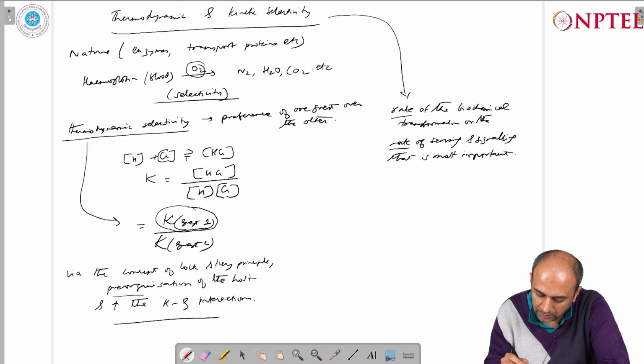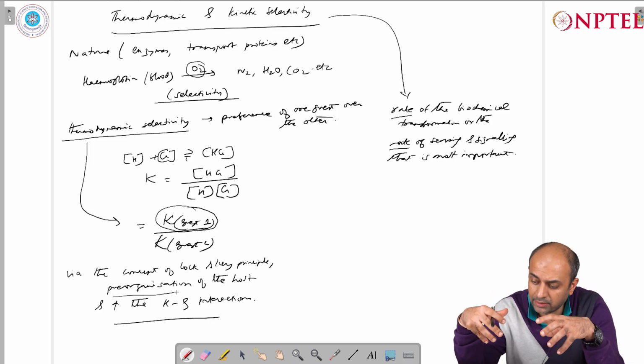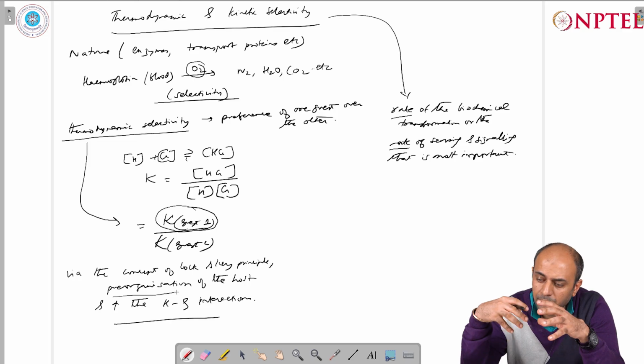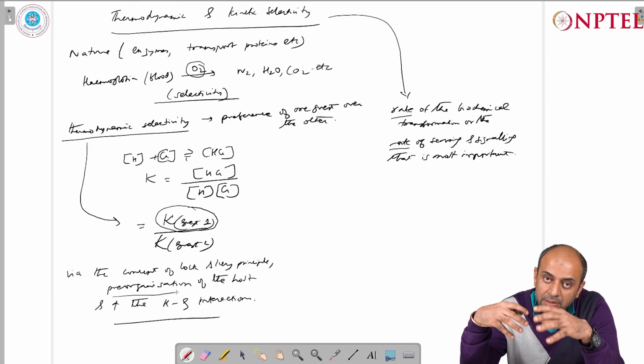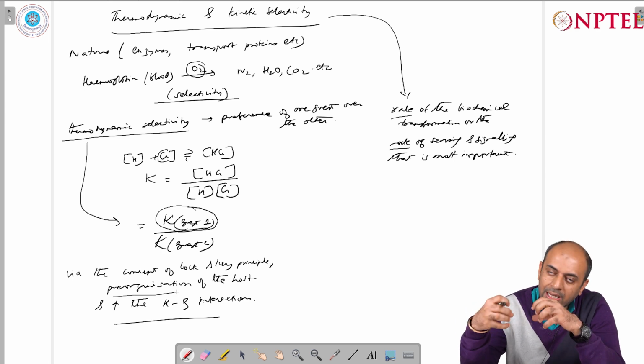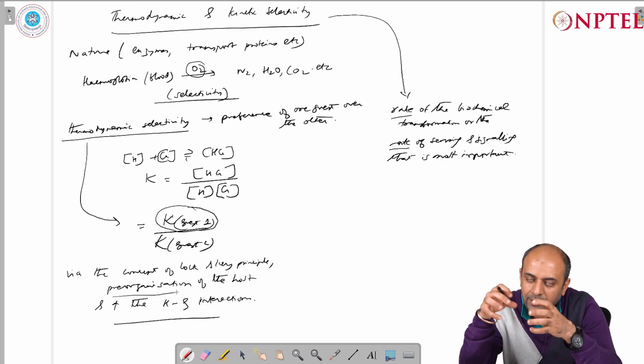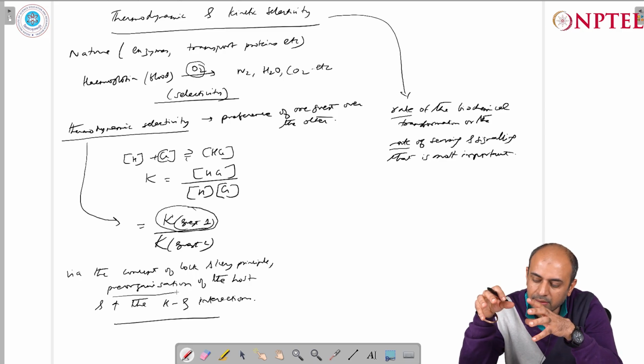So pre-organization or rigidification of the host is not necessary for kinetic selectivity, because the enzyme undergoes rapid changes in conformation. It goes through a series of intermediate states where there are changes in conformation to accommodate the guest, and once it binds, it immediately transports and releases the guest at the site of action.